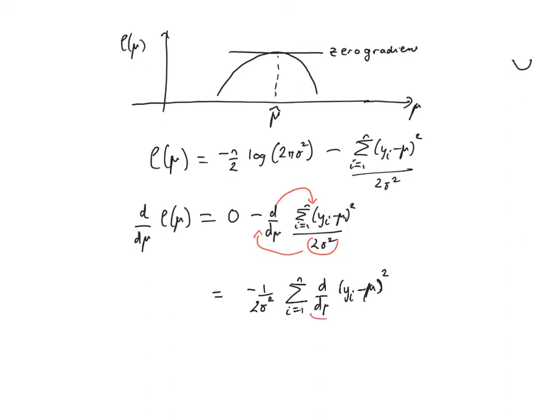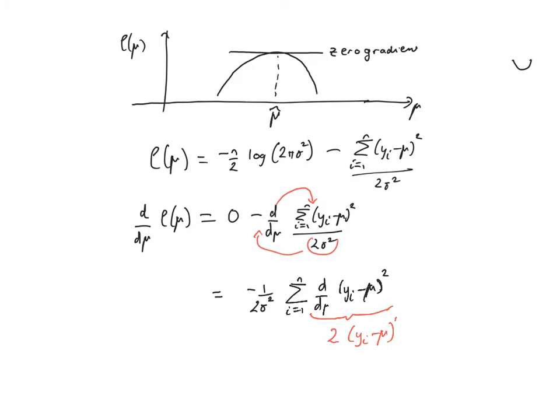I'm now going to work out d by d mu of (yi minus mu) squared, and that's quite a standard thing to differentiate. We differentiate that using the chain rule, but I'm going to do that without writing out the details of the chain rule. We just differentiate in the normal way, so we get 2 (yi minus mu), and the power 2 gets reduced to the power 1.